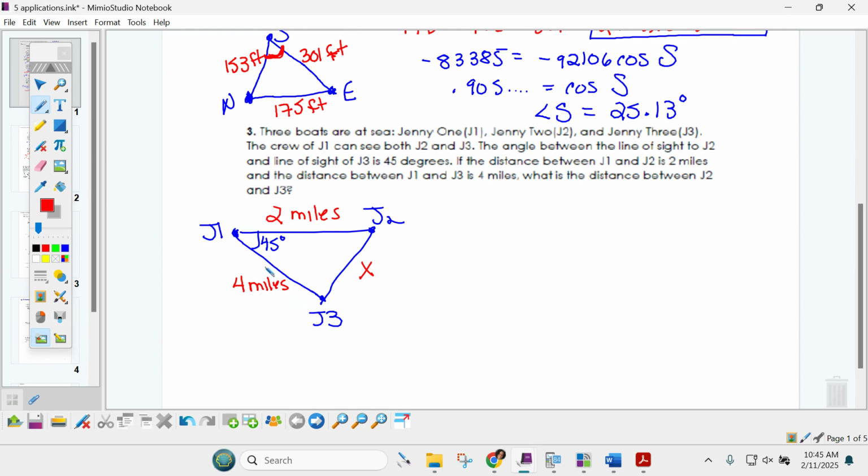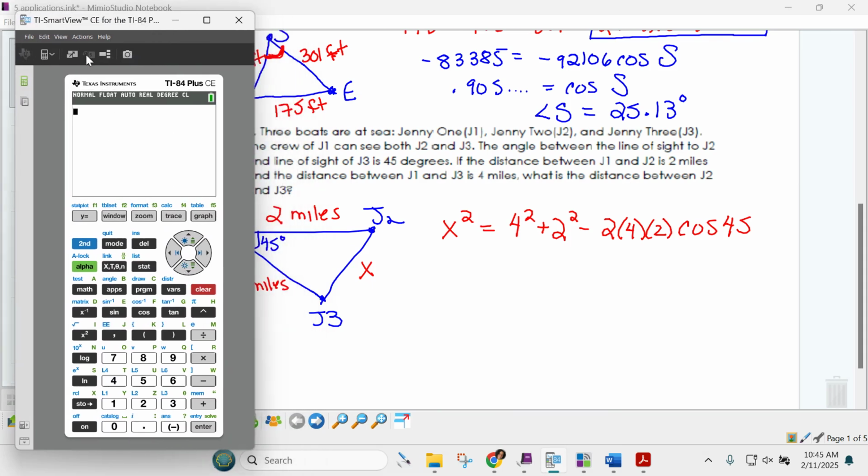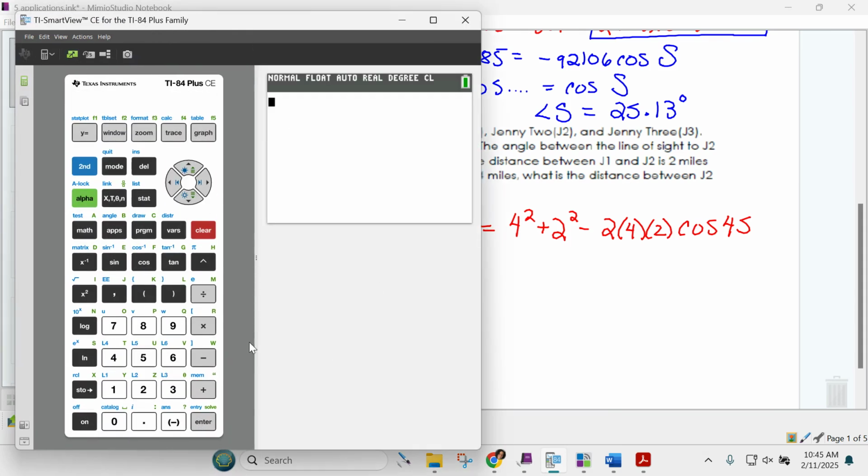Okay, well, very nicely, we have side angle side, which means this is a law of cosines. And it's a law of cosines where the variable is isolated on the left-hand side. So now, after I set that up, it's a pure calculator problem because all my numbers are on one side of the equal sign.